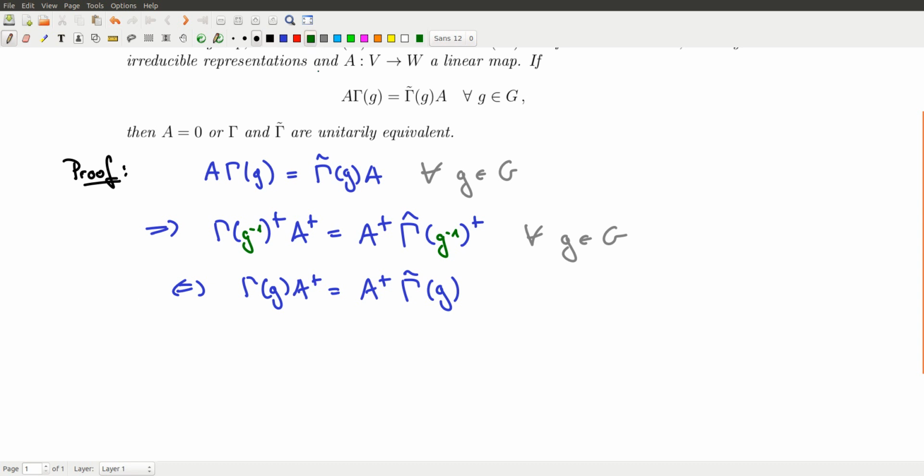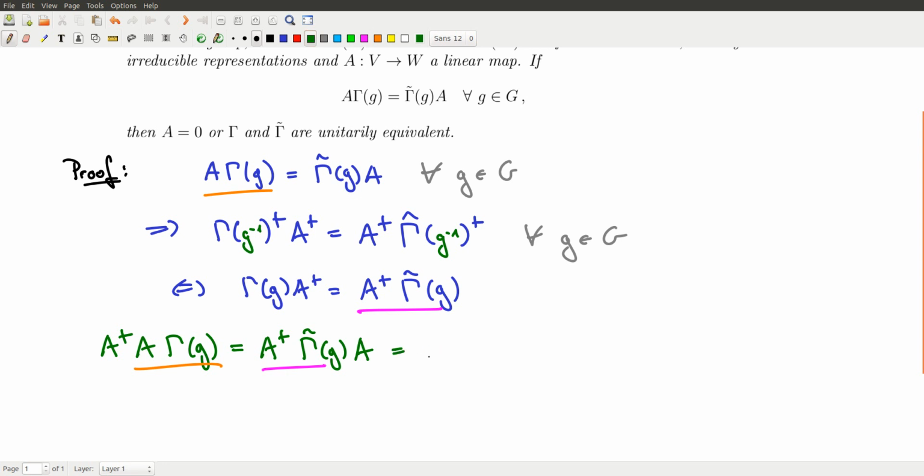Now we look at, let's say, this here, A dagger A times gamma of G. What's that? So A gamma, that's what we have up here. So we can replace this, copy the A dagger, we can replace this with the gamma tilde of G times A. And now we have A dagger gamma tilde, see this from here, so we can replace that by gamma of G A dagger, and the A which we already had.